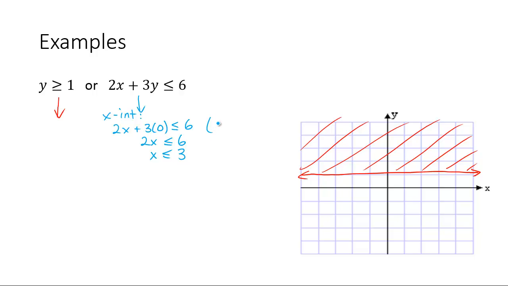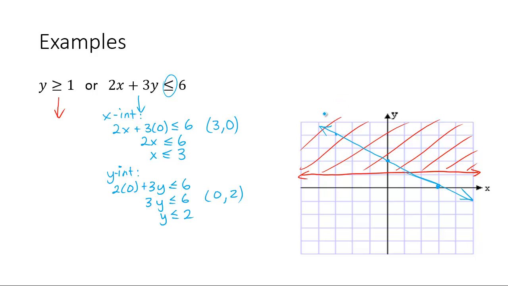So the x-intercept is when x is 3 and y is 0. And for the y-intercept, we replace the x with 0. So that leaves us with y equal to 2, giving us (0, 2). So we know (3, 0) and (0, 2) are points, and the line is included, and you can also see that this slope is down 2 over 3, so you can also extend that slope.